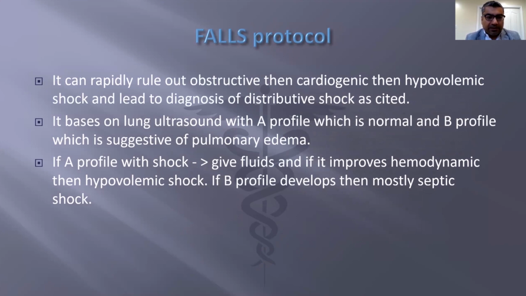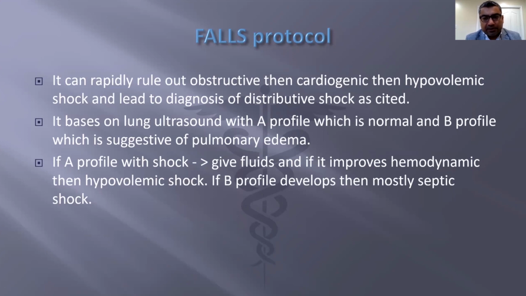It is based on lung ultrasound with A profile, which is normal, and B, which is pulmonary edema. So the first one is obstructive shock. If you have a big right ventricle, there may be a PE. At the same time, cardiogenic shock if you have a low EF, which is very hard to diagnose. And then hypovolemic shock will be the one with the IVC view.